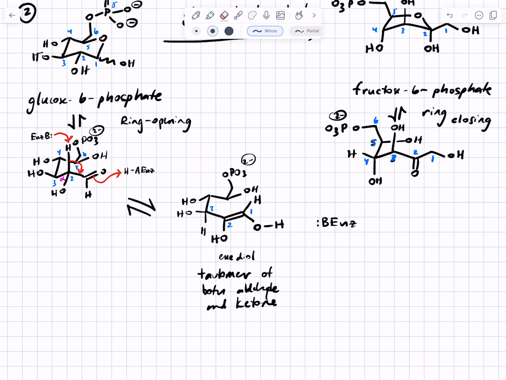Sorry, I got the wrong proton. Some base in the enzyme active site is going to remove the proton from the C2 hydroxyl group. That would generate, if we just push the arrow there, an enolate.